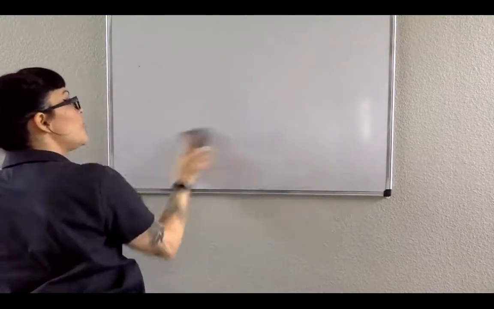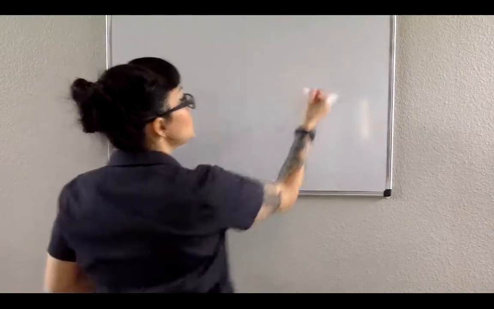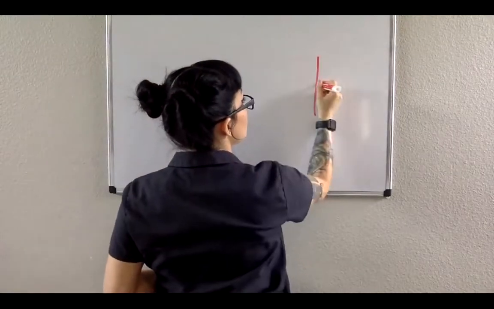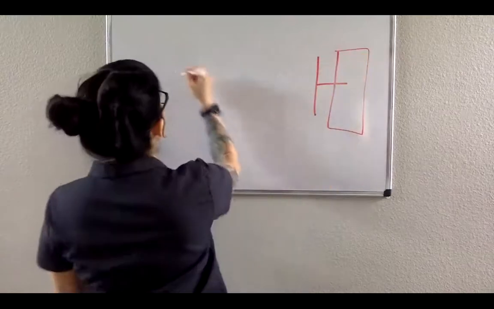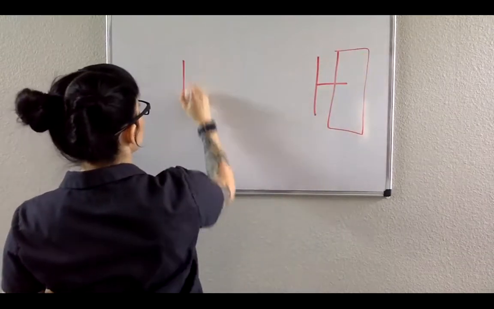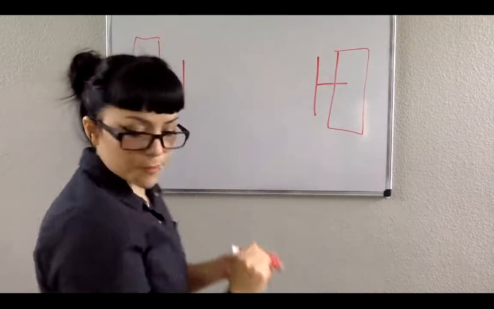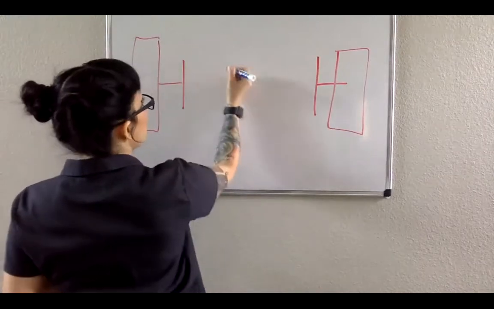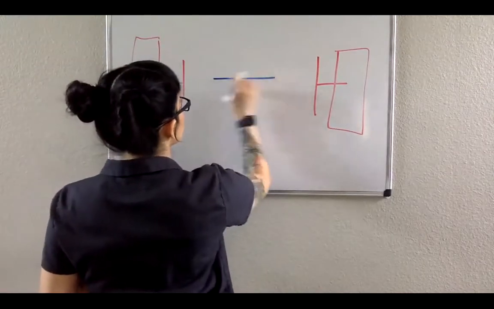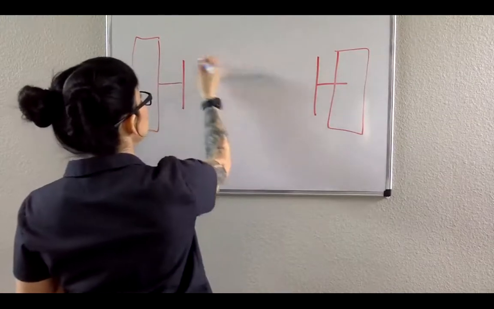So way back in the day, I'm going to go ahead and draw a wheel assembly over here, and another wheel assembly over here. Let me make my mounting points here.